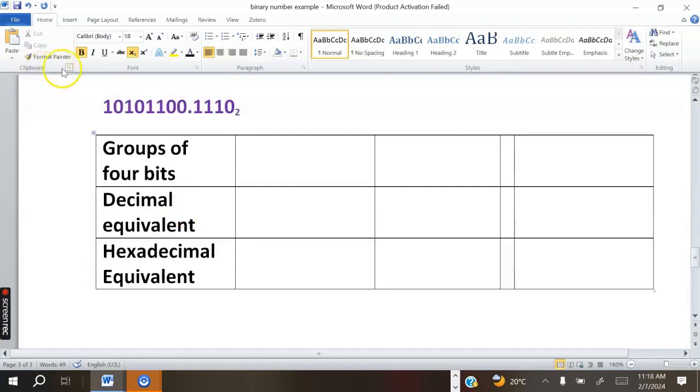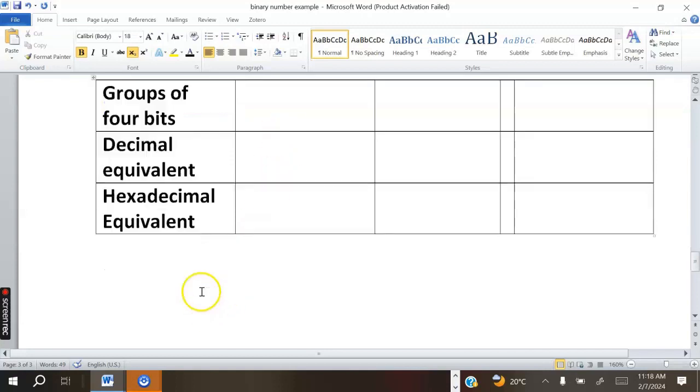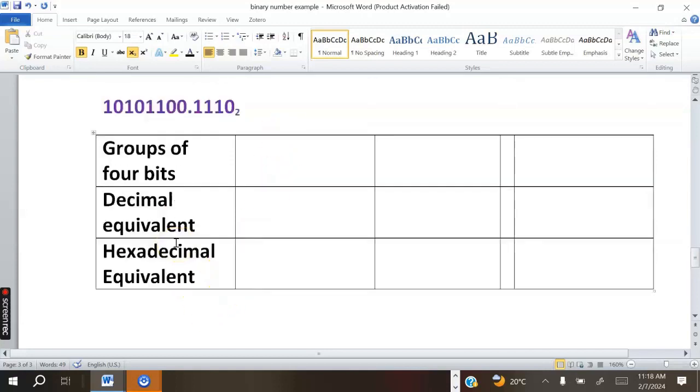Now for your exercise, you can try to practice with this one. You group it in a group of 4, and if they are not enough, try to add another 0, factoring in the rule that I've already highlighted to you. And you should get this as the answer to confirm whether you have done the right thing. Maybe I might give you time to go through, which is AC.E base 16.